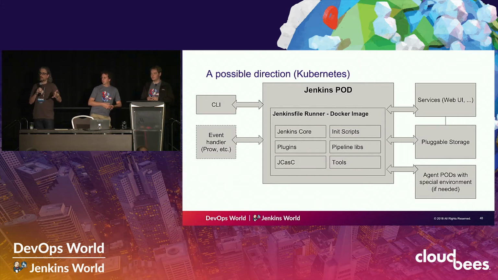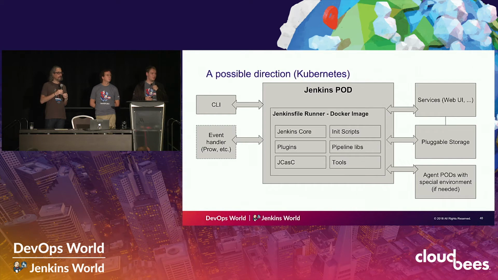So there are going to be some improvements that are going to be retrofitted or reused by current Jenkins. If we get pluggable storage to a place where you don't have any data in your file system, then you could easily run Kubernetes with multiple replicas of your Jenkins master. So that's one of the things about multi-master.